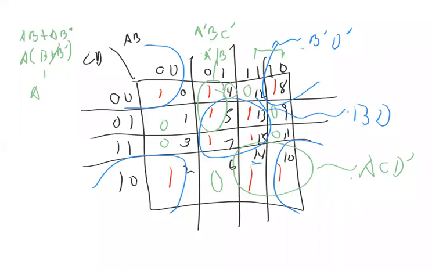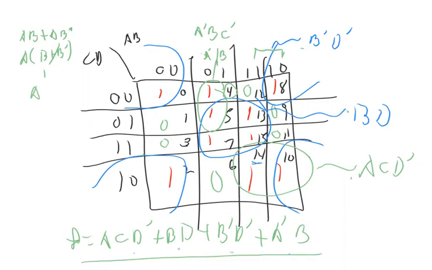Just a minute, please. F equals A, C, D prime, or B, D, or B prime, D prime, or A prime, B. 1, 2, 3, 4 loops. There's 4 loops in the KMAP.